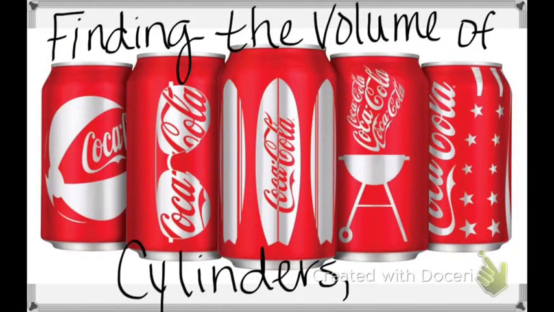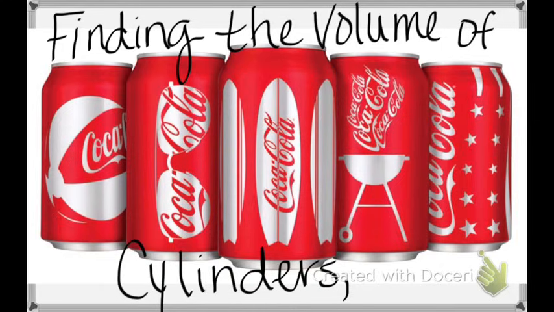Hey guys, we are almost to the end of geometry and we have to learn about volume. Now you learned about volume before and you learned about different prisms, rectangular prisms, which is basically a box. And you learned that volume is how much something can hold.